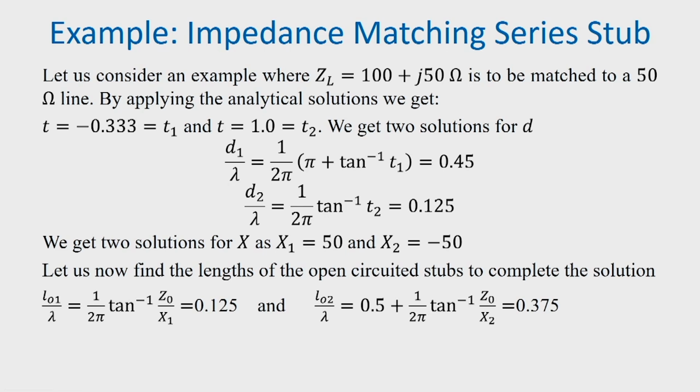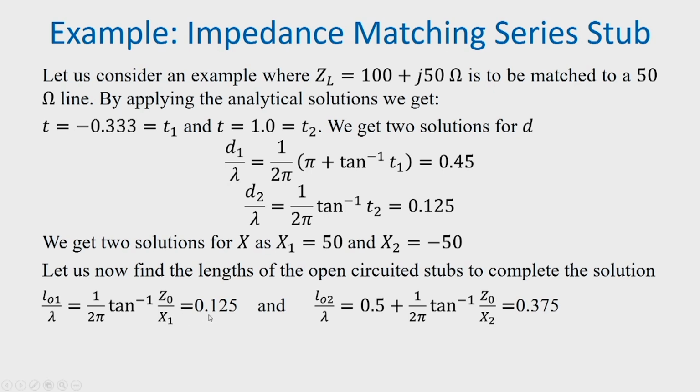So, we have found out the locations of the stub, where the stub need to be placed from the load, d 1 and d 2 in terms of lambda, and the corresponding values of the lengths of the stub, again in terms of lambda we have calculated.